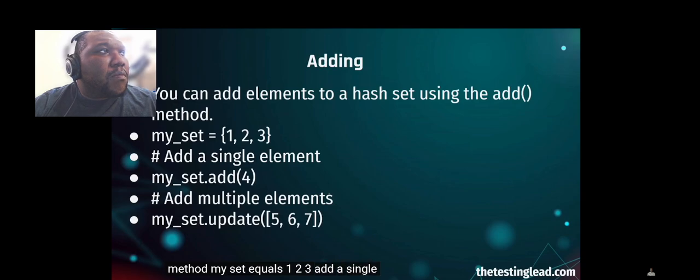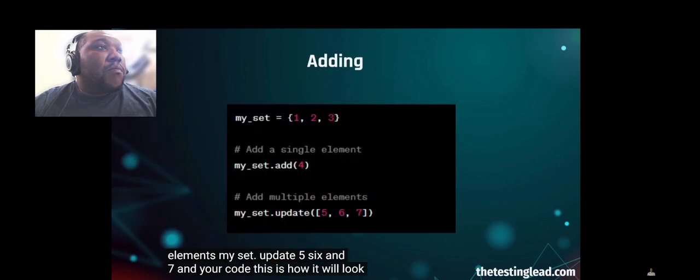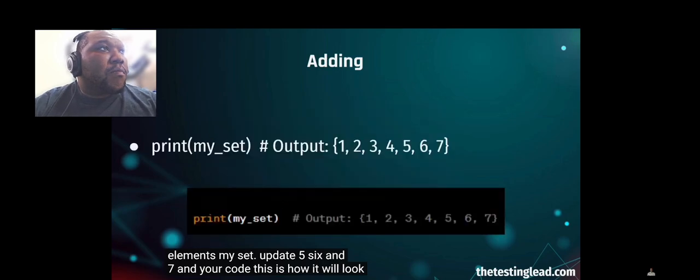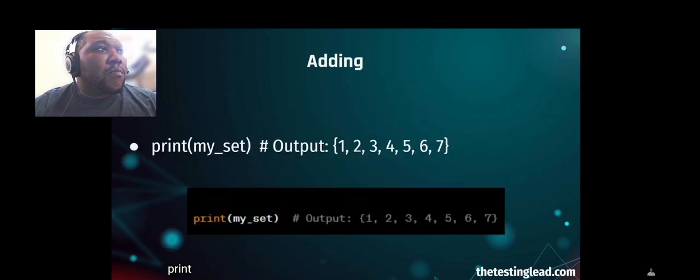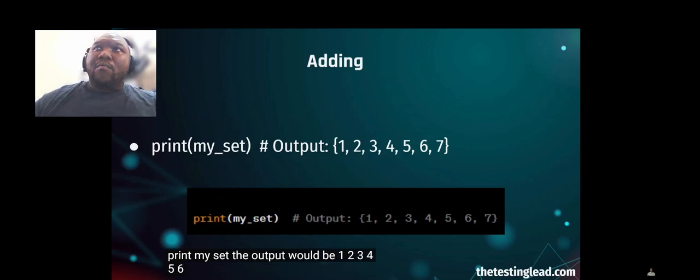Add a single element: my_set.add(4). Adding multiple elements: my_set.update([5, 6, 7]). In your code, this is how it will look. Print my_set. The output would be 1, 2, 3, 4, 5, 6, 7.